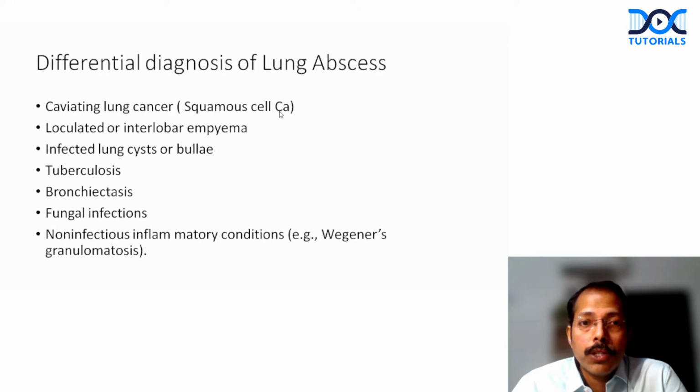Specifically, a squamous cell carcinoma can present with a cavity, right? And it may be a loculated or interlobar empyema, infected lung cyst or bullae, TB cavity with fluid level, infected cavity, bronchiectasis, fungal infection, and Wegener's granulomatosis-like conditions can also be considered as a DD of a lung abscess.